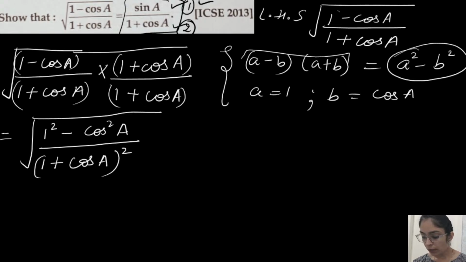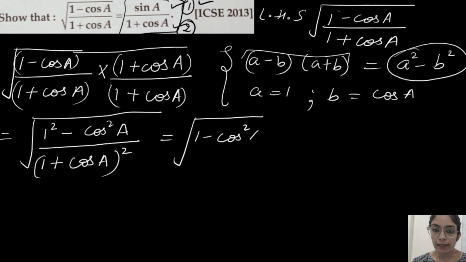Yes. So A square plus B square plus 2AB we are not going to use here, Janvi, because it will complicate the things. We will use square relations. Before that, let's simplify this. So 1 square is 1, cos square as it is. I'll write 1 minus cos square A by 1 plus cos A whole square.